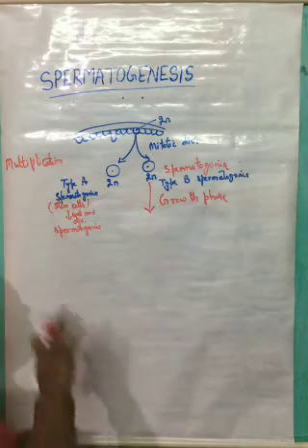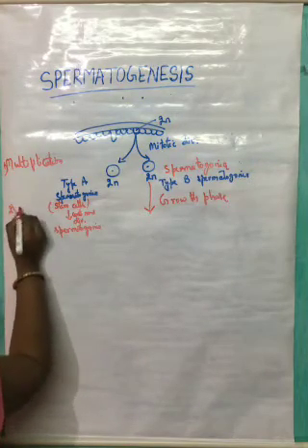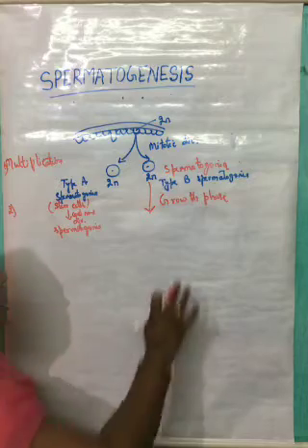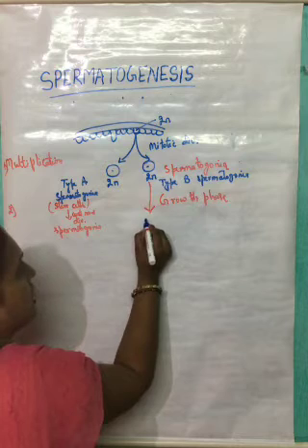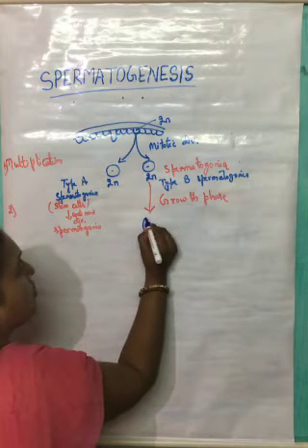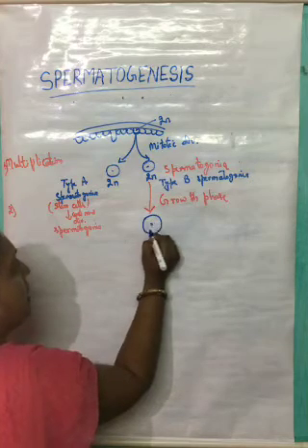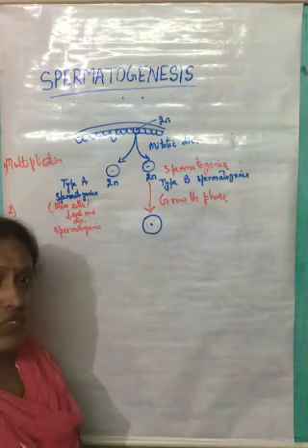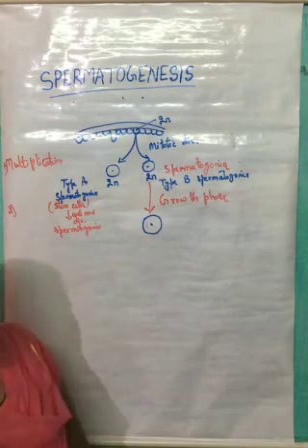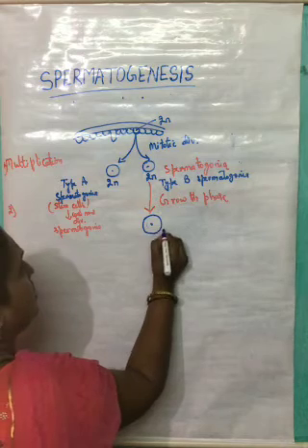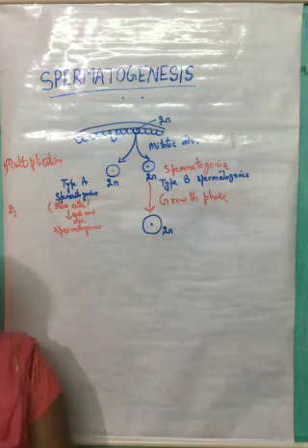The first phase was the multiplication phase. The second phase is the growth phase that we are discussing here. During this growth phase, what happened? This spermatogonia will grow, it will enlarge its size as well as the cytoplasm. Hence, this phase is known as the growth phase. Here there is no change in the genetic material, hence the number of chromosomes present here is still 2n.